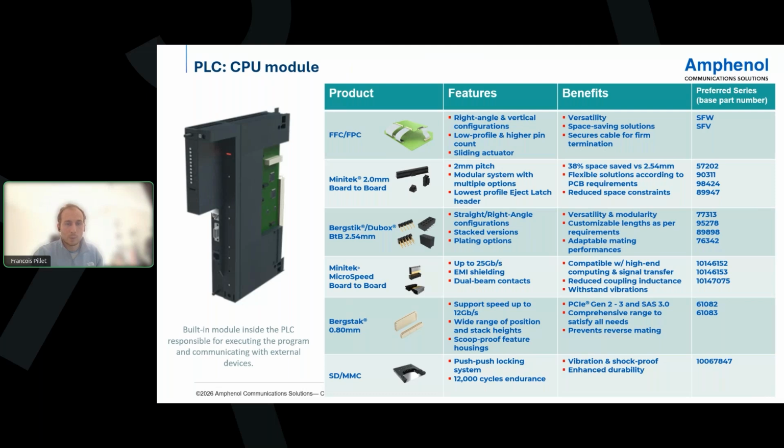This flexible range can be included in architecture where space constraints are important. But in parallel, you can consider Bergstik pin headers and U-Box receptacles for their modularity and versatility when standard pitch can be accepted. Last but not least, RSD connectors located at the programming ports are vibration and shock proof to ensure long-term durability.